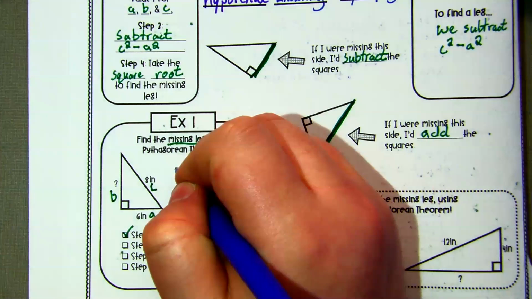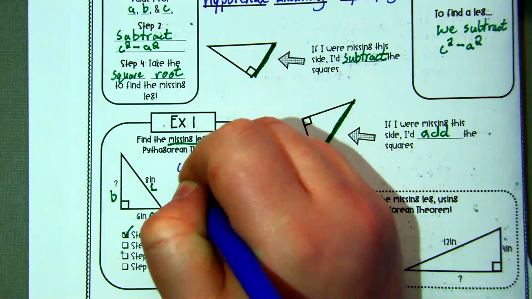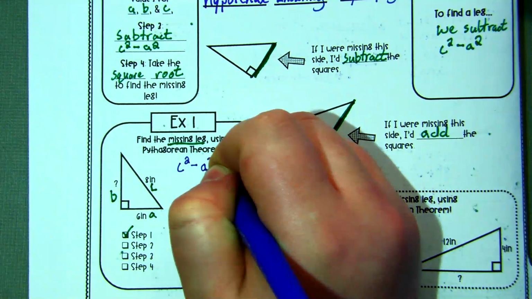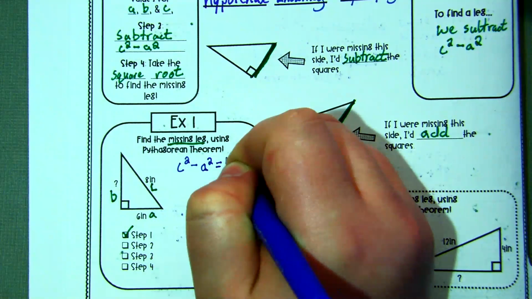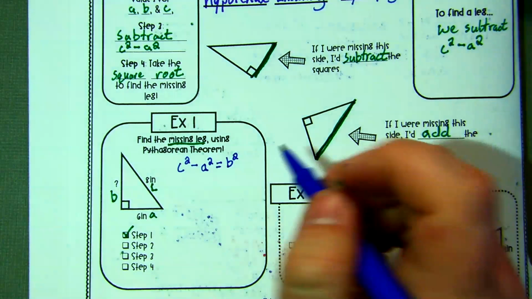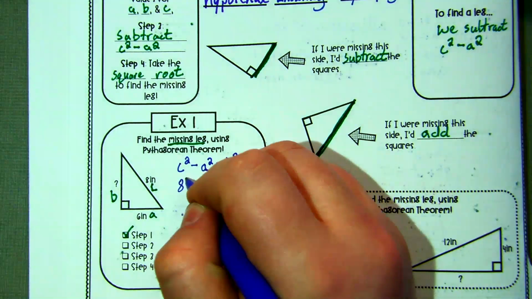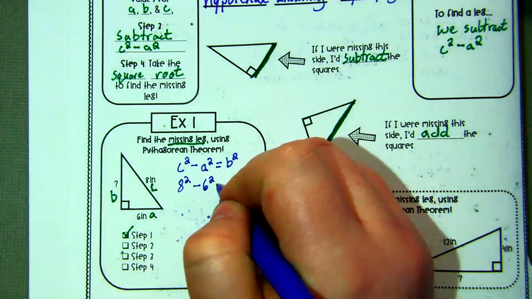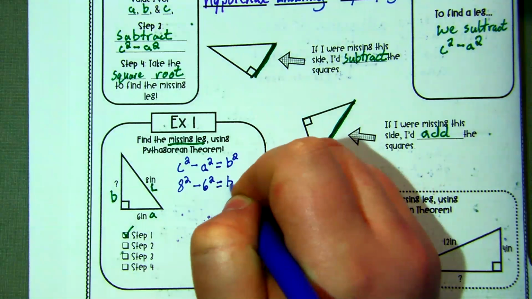Next, we want to start plugging in. So this time, we're going to use our converse equation. We're going to take that 8, plug it in there, 6, plug it in there. We're done with step 2.